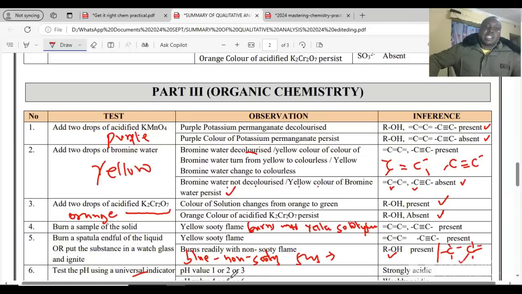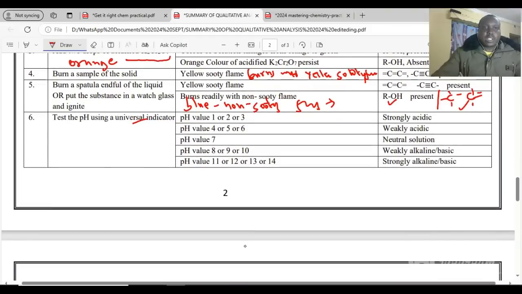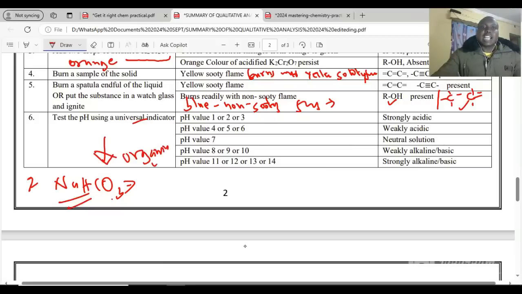The next reagent, I can't see it in this one, whoever was preparing it might have forgotten, is number 7, sodium hydrogen carbonate. So to the next portion, add the sodium hydrogen carbonate provided. So whenever you are adding sodium hydrogen carbonate and you already know you are doing organic analysis, we expect effervescence.